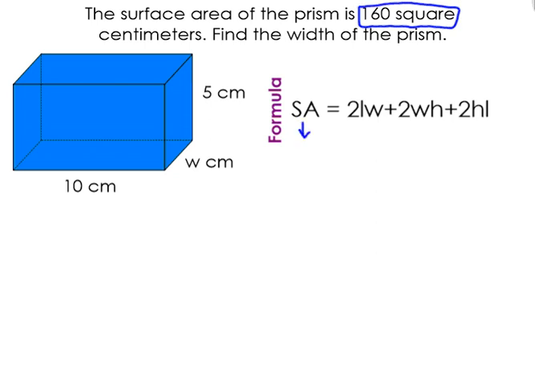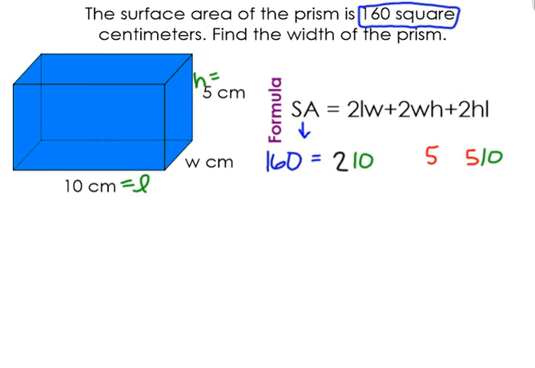So in place of surface area, I'm going to substitute 160. On my picture, I'm going to label 10 centimeters as the length and 5 centimeters as the height. So now I just need to substitute in 5 anytime I see an H and 10 anytime I see a length. So I've got 10 and 10 for my 2 lengths. I have 5 and 5 for the 2 heights, and then everything else I'm just going to drop down.